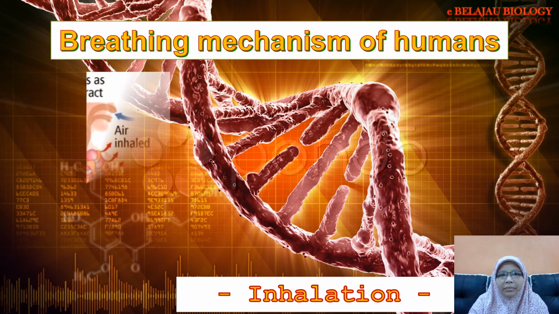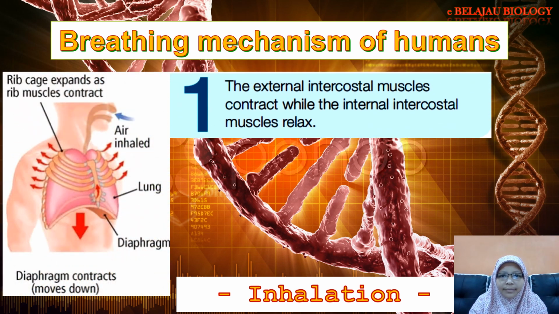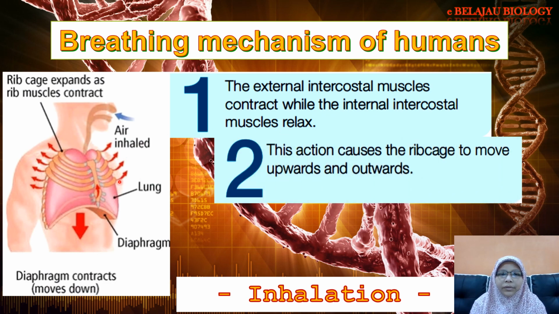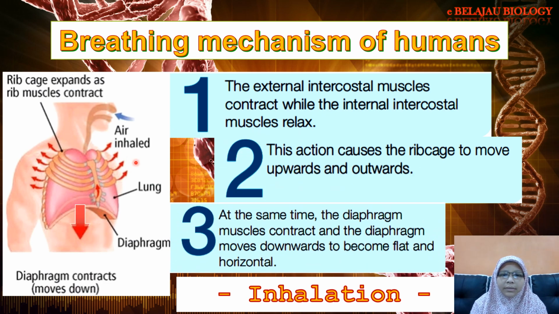What about the breathing mechanism of humans? During inhalation, the external intercostal muscle contracts while the internal intercostal muscle relaxes. This action causes the rib cage to move upward and outwards. At the same time, the diaphragm muscles contract and the diaphragm moves downwards to become flat and horizontal.